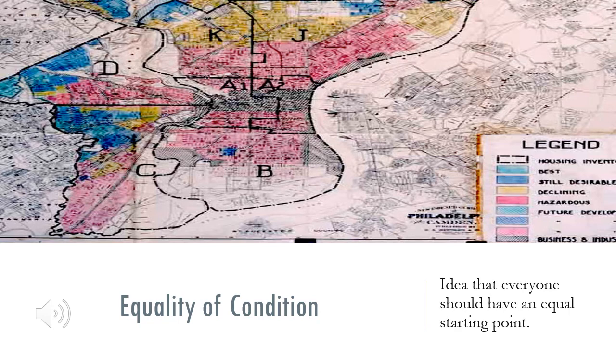So the image that I have here is from historical records, and it's the city of Philadelphia. And so there's this practice that will actually be reviewed later in the textbook when we cover race and ethnicity. And it's this practice that was referred to as redlining. And so there are lots of examples of this throughout the United States.